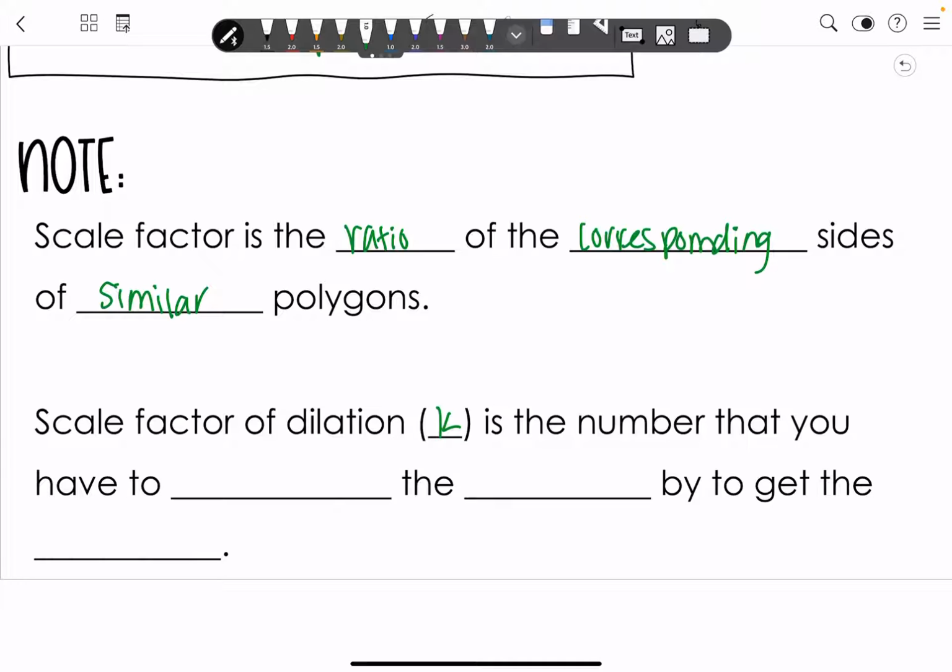Now, scale factor of dilation is a number that you have to remember multiply the pre-image by to get your image. It's the multiplier. Think about it. You multiply factors to get your final answer.